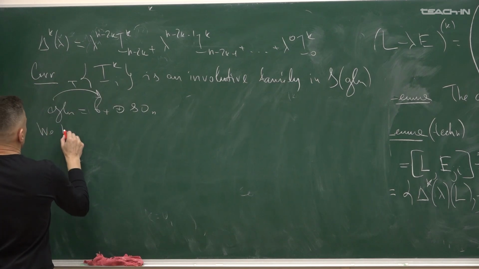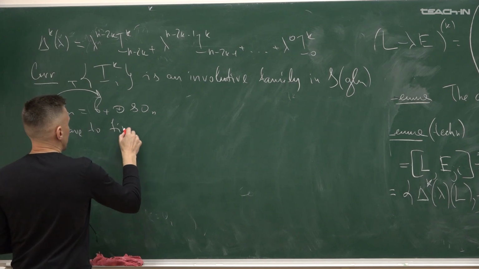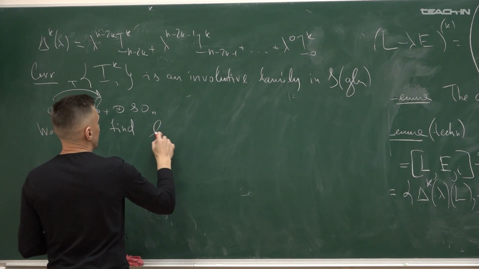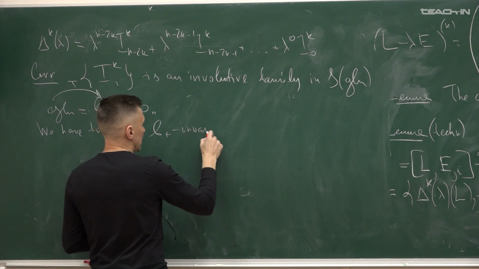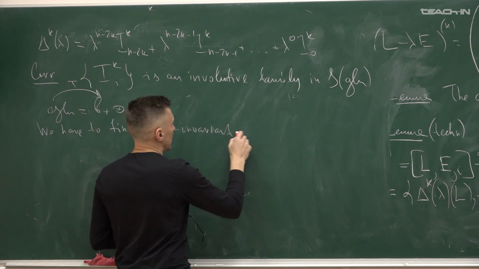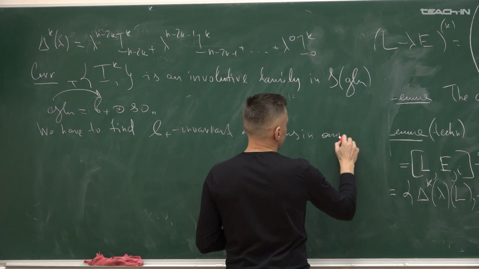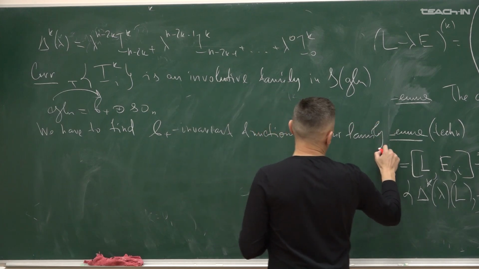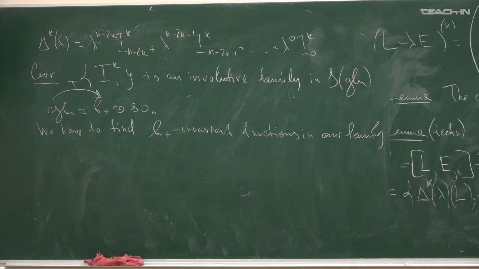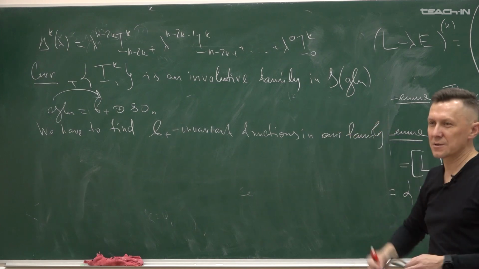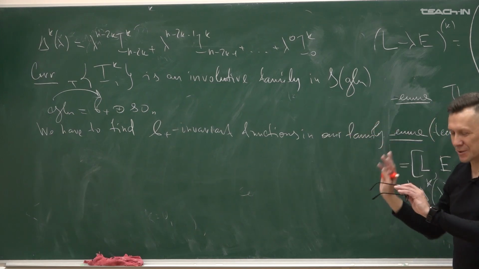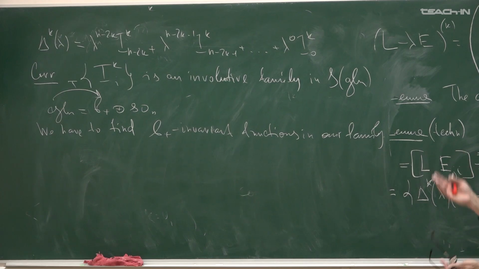We have to find B plus invariant functions in our family. After that, we will just take the projection to the symmetric part. We will discuss it, but first of all, we need to find B plus invariant functions among these functions.